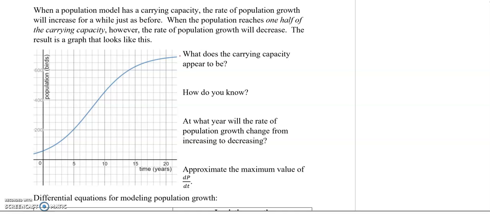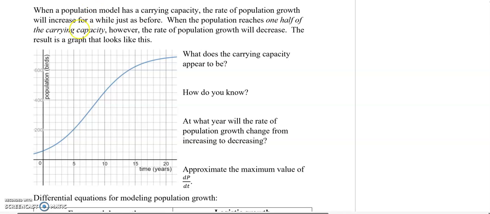One of the important characteristics of logistic growth is that the maximum growth rate will occur when the population reaches exactly 1/2 of the carrying capacity. So if our revisited population of birds has a carrying capacity based on this graph, we should be able to look at the graph and see what that carrying capacity might be, at least approximately.